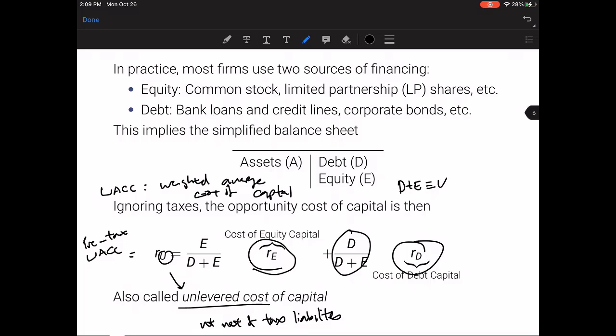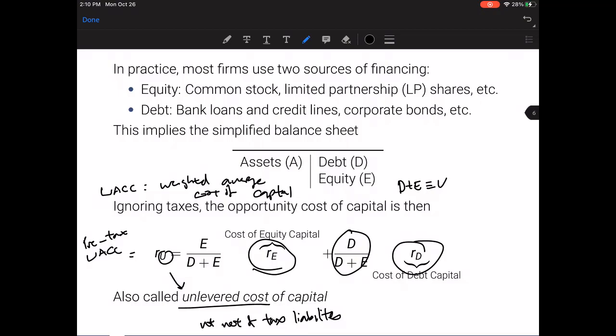So in this capital structure, based on this discount rate, I want to emphasize that this discount rate does not account for tax shields, right? Because we didn't multiply our cost of debt by 1 minus tau, as I showed you in the previous ungraded homework assignment. So it's worth noting that in this pre-tax WACC, we are not incorporating the tax shields into the discount rate.